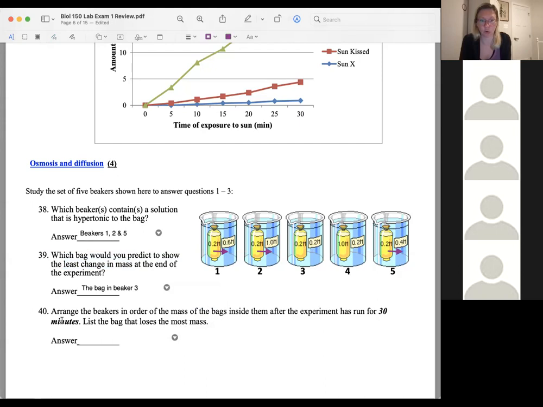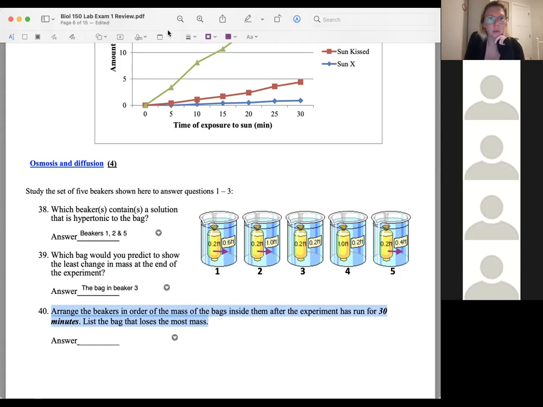And now it's asking us to arrange the beakers in order of mass of the bags. Let's arrange the beakers in the order of the mass lost. That will be beaker 2, 1, 5, 3, and 4.